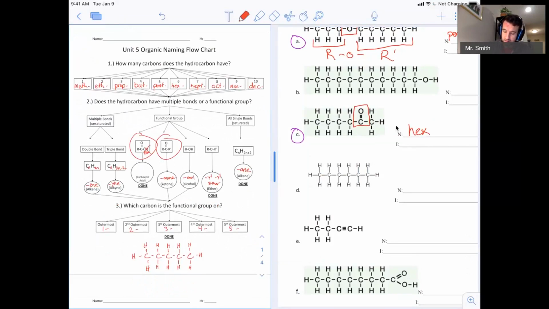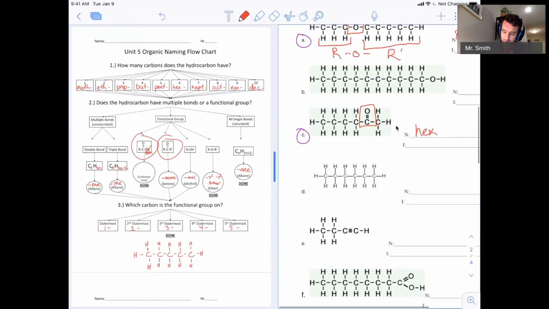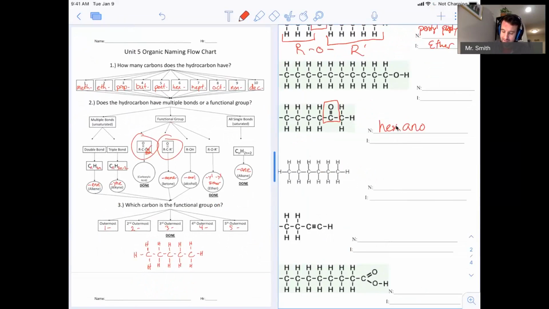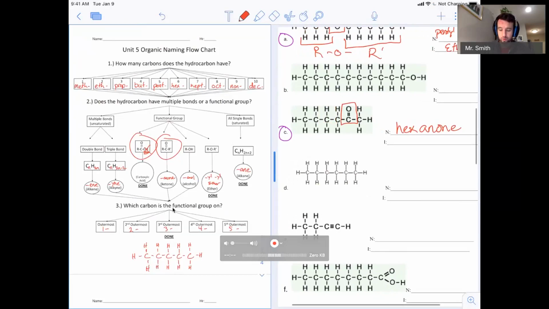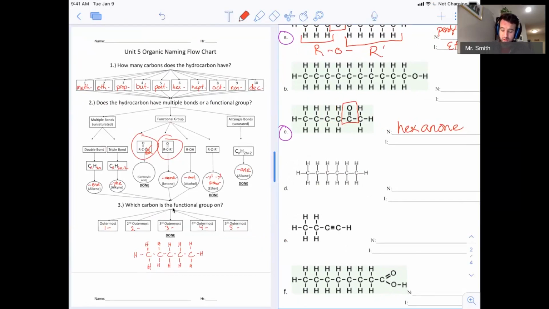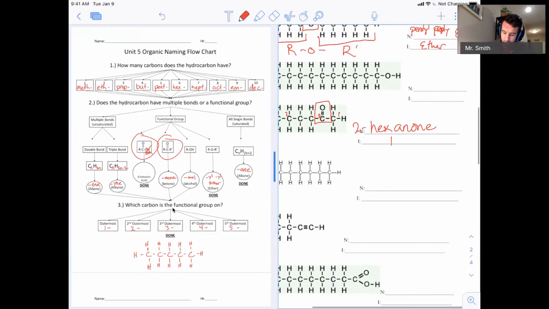So it's going to be hex, and then it'll end in anone. Following the rest of this flowchart, we know that it's hexanone because it's got carbons on each side, and then we have to include a number here, just following the arrows. So it looks like the functional group is on the second carbon, counting 1, 2 from left to right. So we would call this 2-hexanone, and this, of course, would be an example of a ketone.